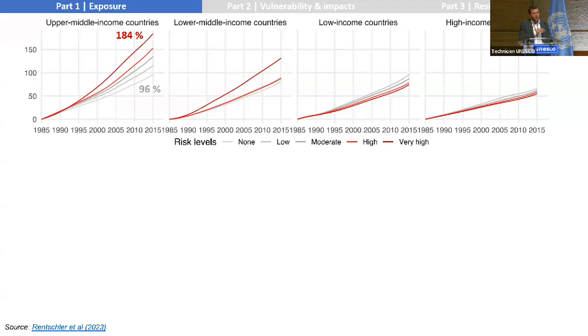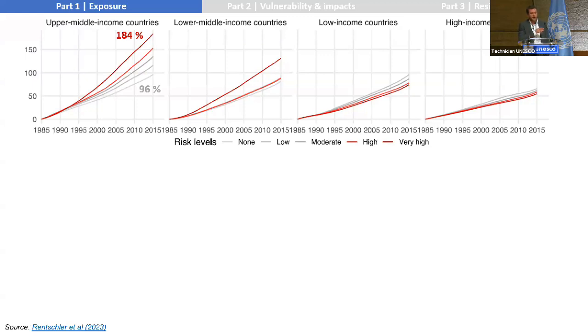These charts are showing you growth rates of built-up areas over a 30-year period from 1985 to 2015, classified by exposure to flood risk. The red curves are showing you the growth rates of built-up areas exposed to at least 50 centimeters of flooding in a 1-in-100-year flood event, or up to 1.5 meters of flooding for the same type of flood event for the darkest red.